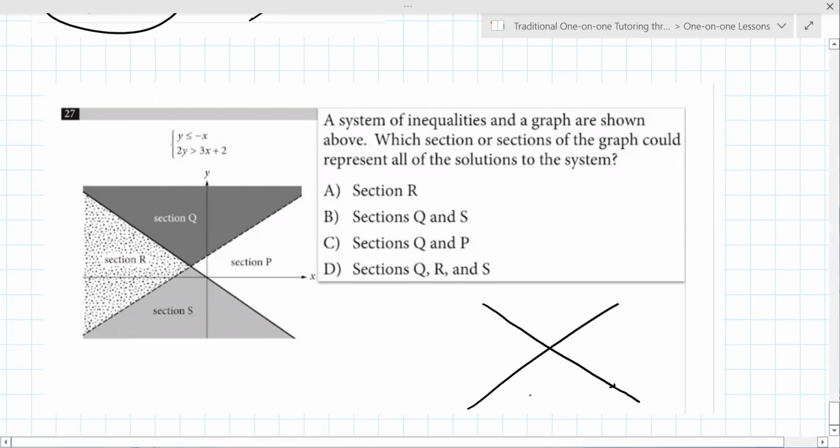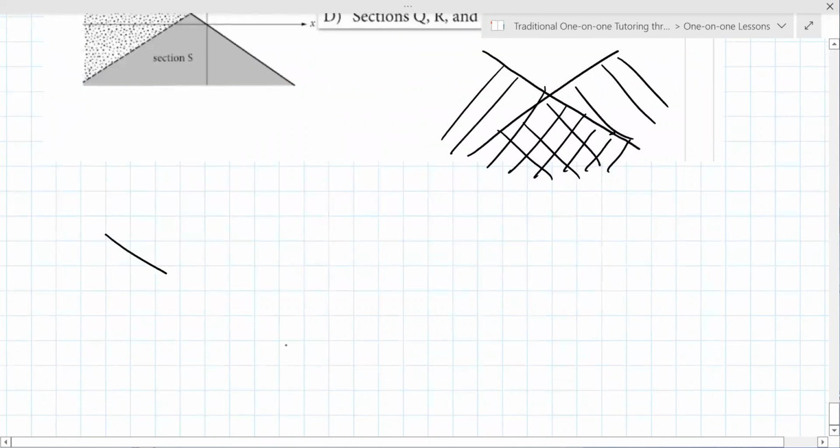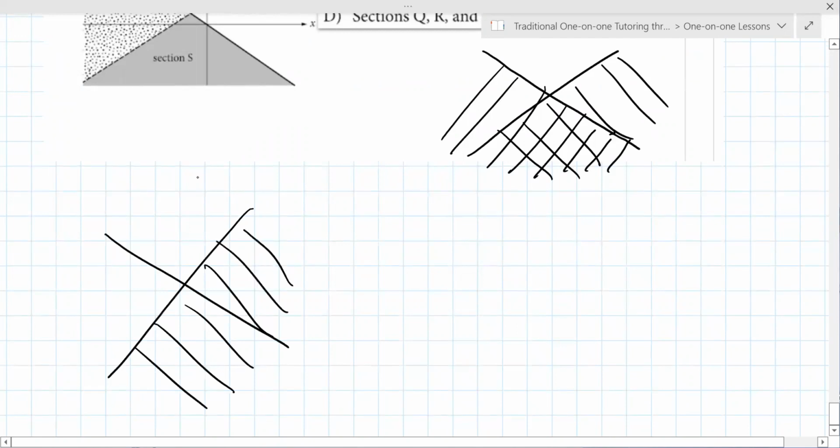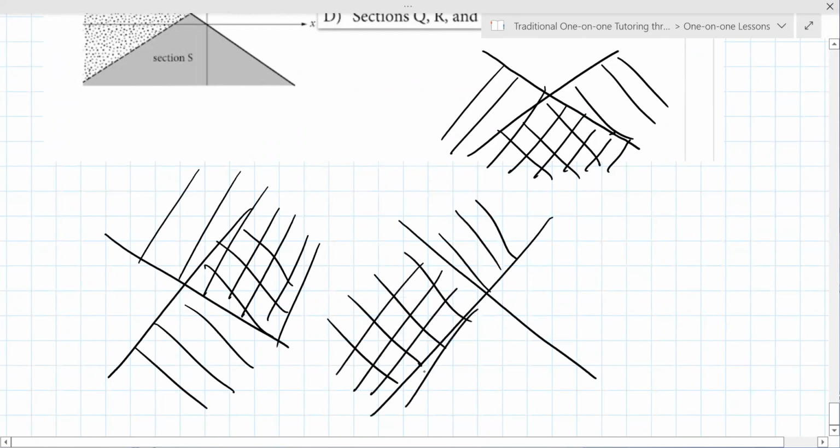You're either shading below this one and then below the other, and see how it only overlaps in one region. But if I make the same graph and say below this one but above this other one, do you see how they also only overlap in one region? If we continue, it will be the same thing: they will only ever overlap in one region.